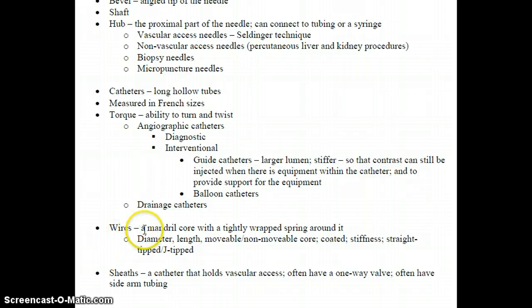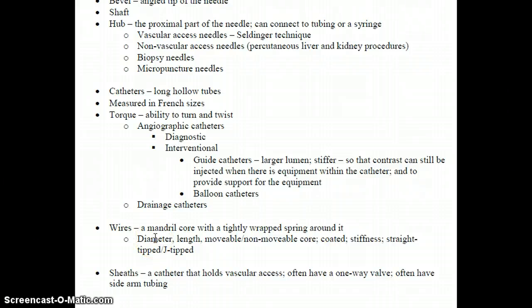The wires used in a vascular interventional lab are composed of a core called the mandrel, with a tightly wrapped spring around it. These, of course, come in all different shapes and sizes. For diameter, your normal wire would be an 035 or 038, which would be diagnostic.